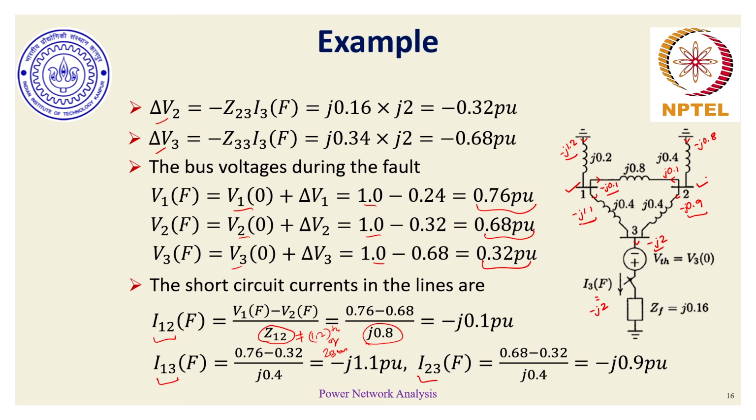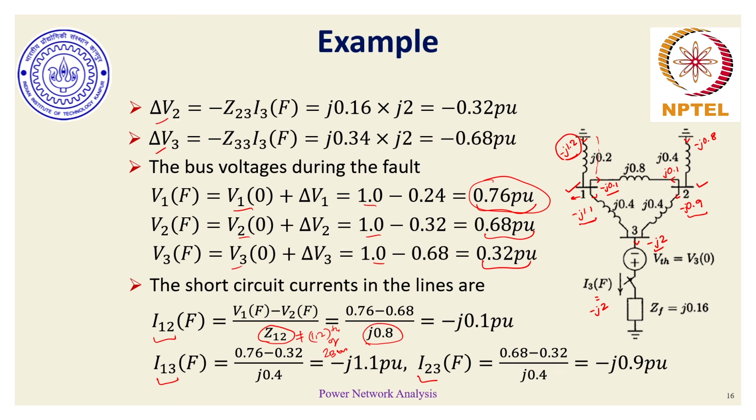Now the only part which is left to explain is how is minus J1.2 current flowing from the ground to bus 1, where the post-fault voltage at bus 1 is 0.76 pu. That means, is the KVL applied over here? Probably no. Is there something missing? Yes.